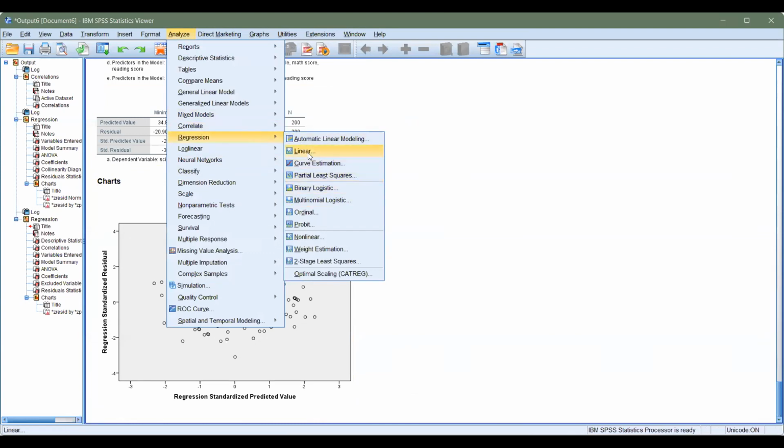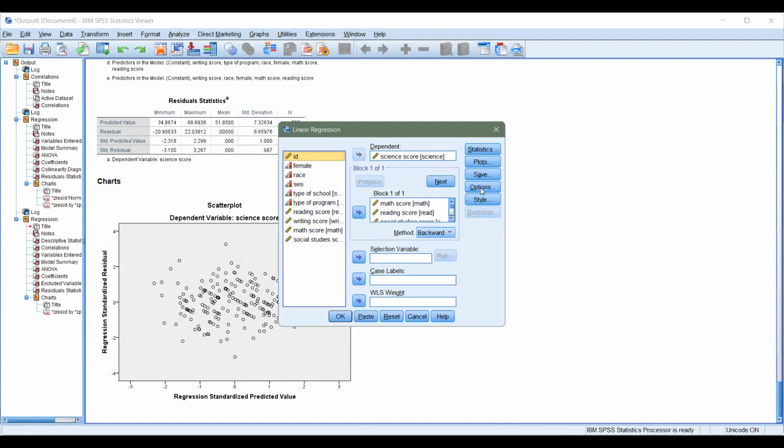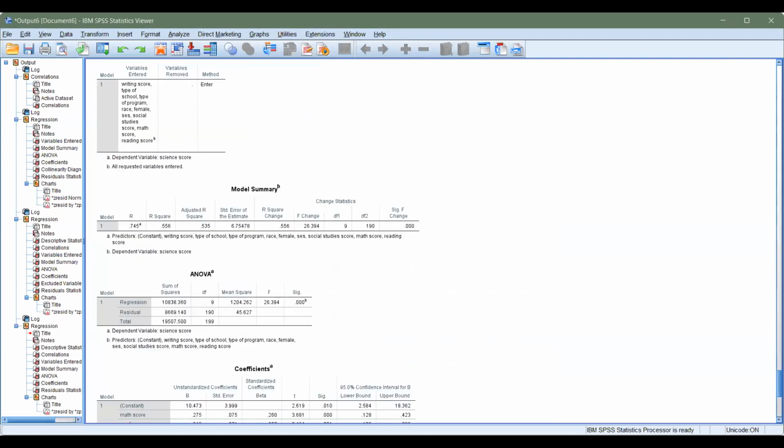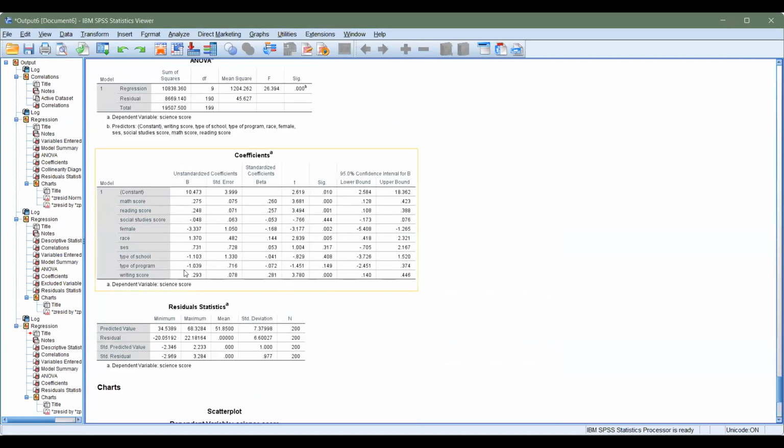Where is linear? Yeah. And I'm going to use the enter method. This is the best method which I like. And in this, I will directly go to this coefficient table and see what variables are not coming significant, and then we will remove them.